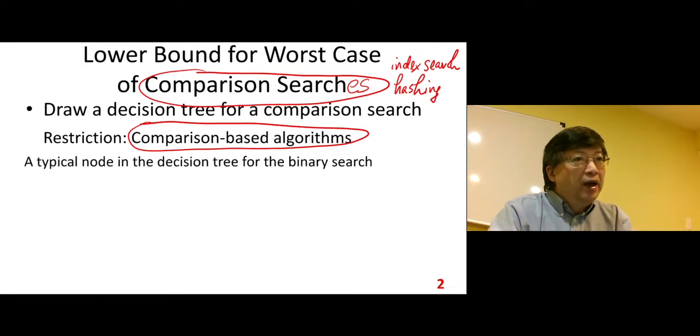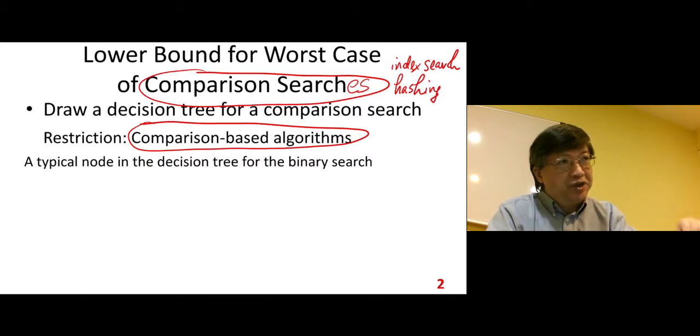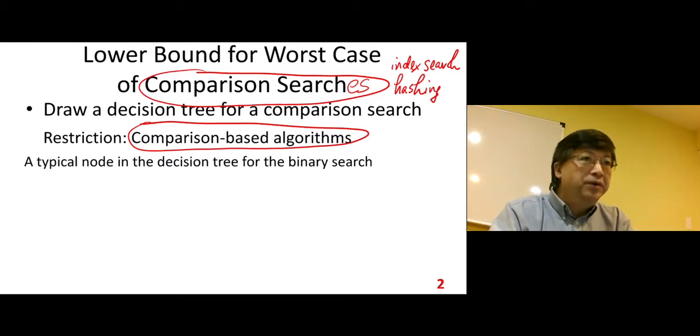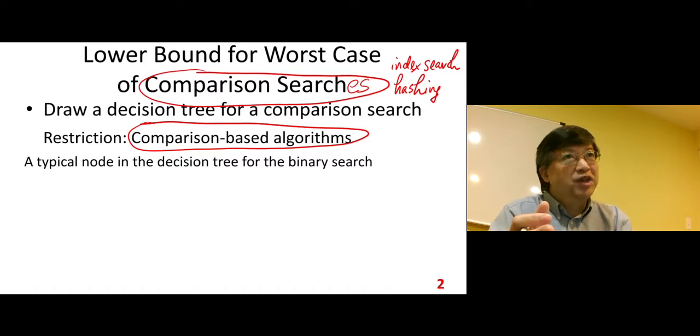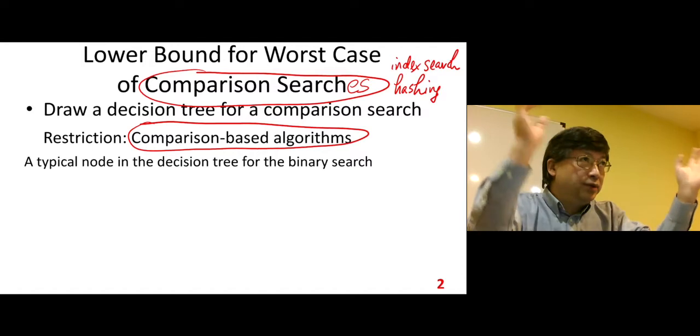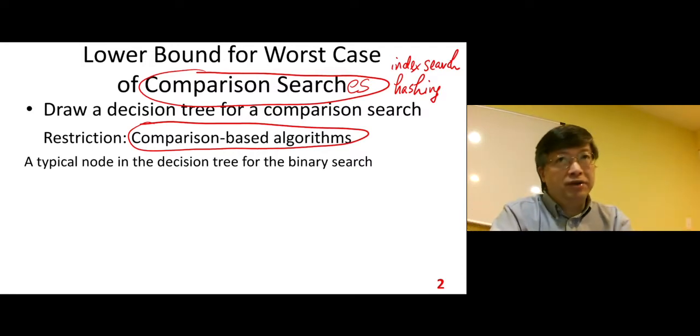All right. Now, let's look at the decision part. A typical node in the decision tree for the binary search. Let's look at binary search as an example, because we understand the binary search well, so we use that as an example. Then later we can go to any comparison search.